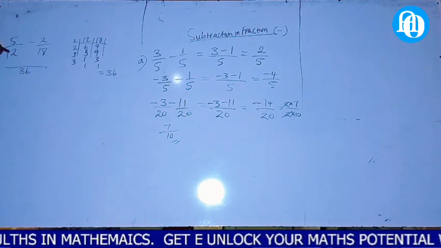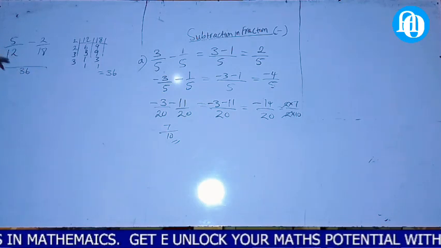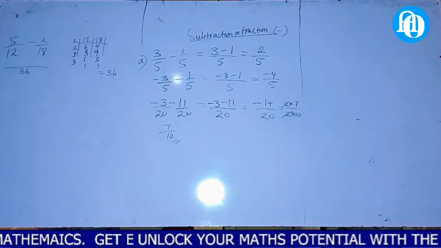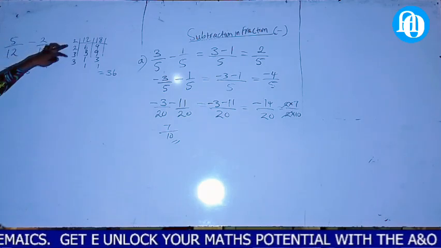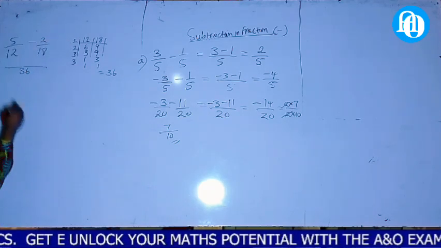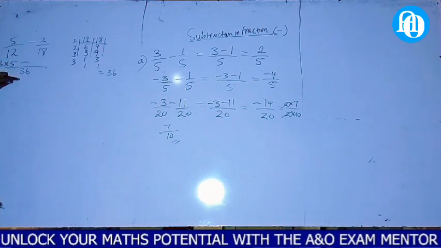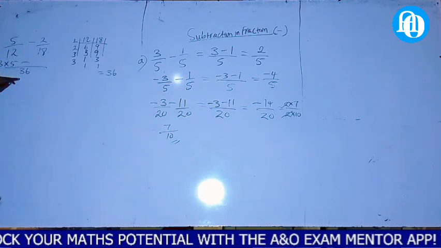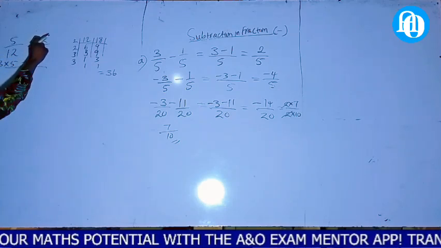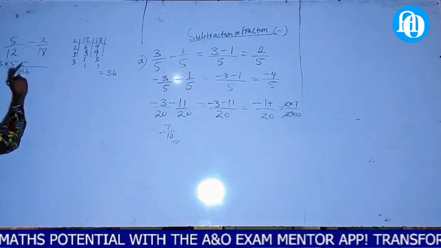Now, this one divided by this. When you use this one to divide this one, you get 3. 3 times 5, minus this one divided by this. What do you get? You get 2. This one divided by this is 2.